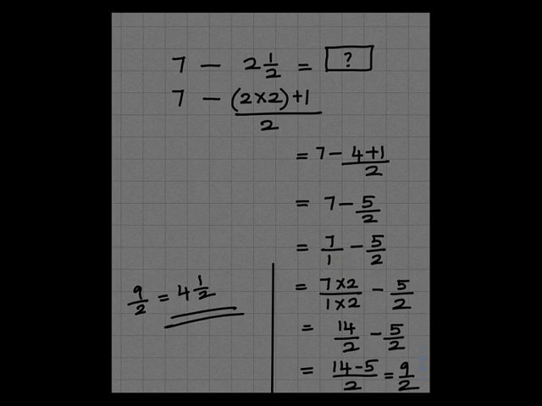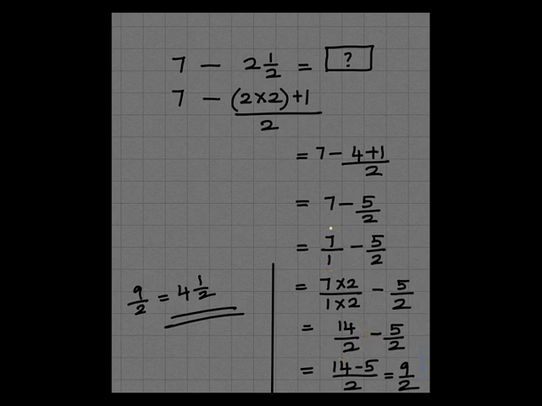We have to multiply it with 2, right? So let us multiply the denominator with 2 as well as the numerator with 2. So this 7 by 1 will become an equivalent fraction, 14 by 2, right? Both are the same. 7 by 1 and 14 by 2 are the same.